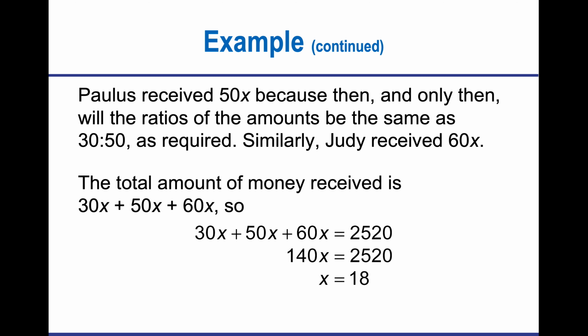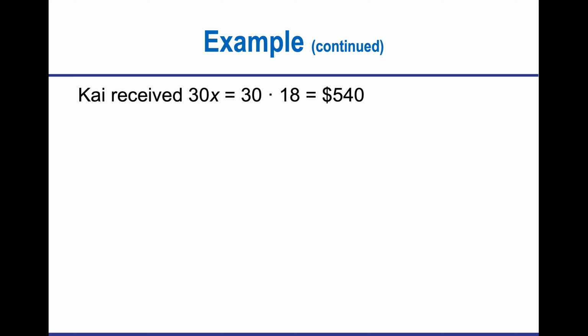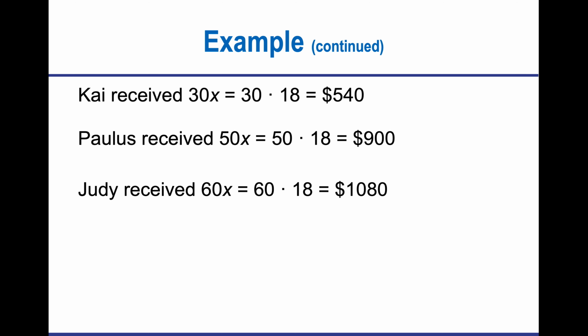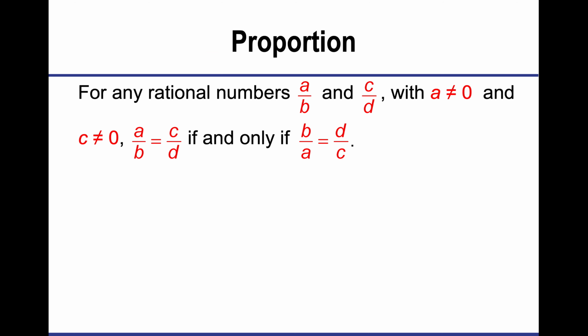I combine those to be 140. I divide both sides by 140 to get 18. So I know that Kai gets 30 times 18, which is 540. I know that Paulus gets 50 times 18, which is 900. Therefore, Judy gets 1,080, and they get a proportional pay based on the rates that they're being paid.